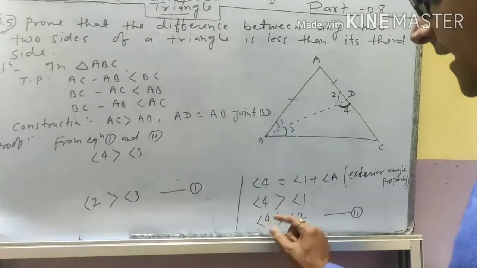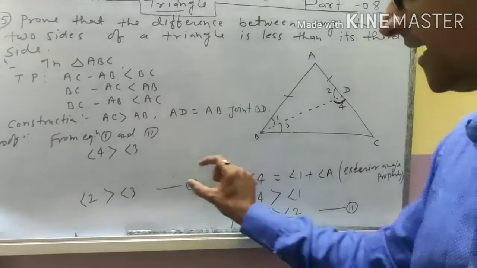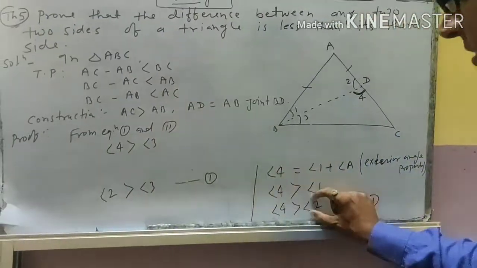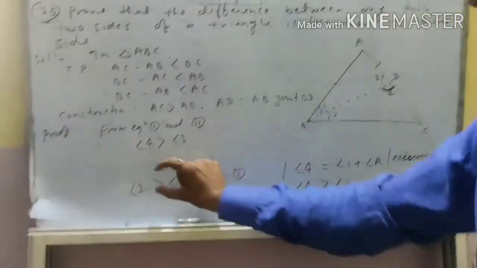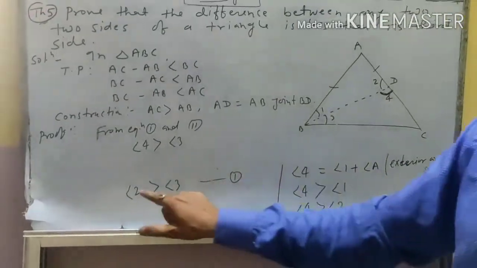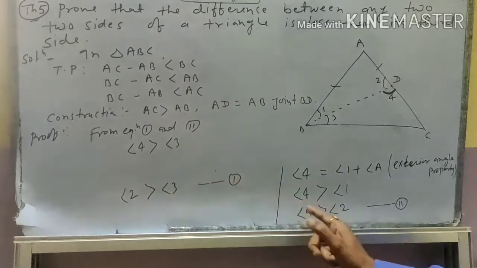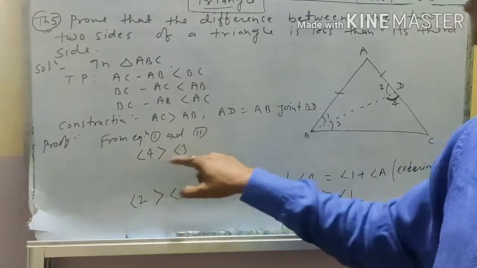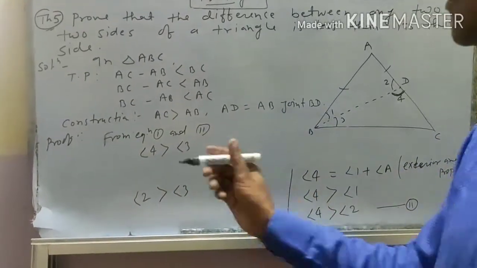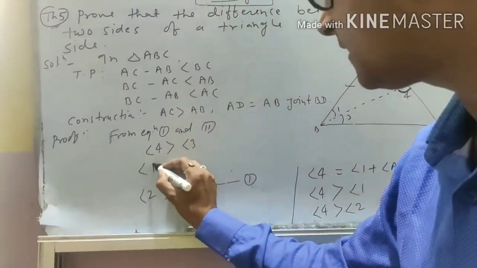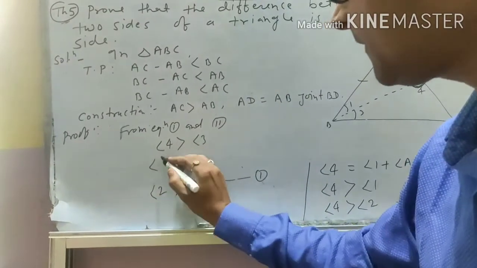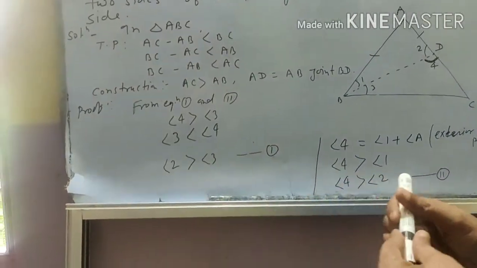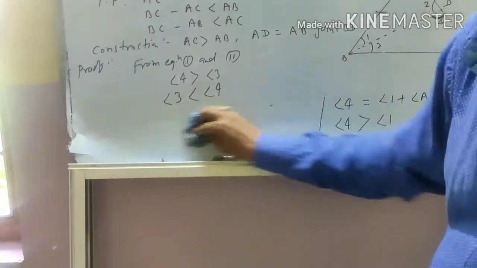So here we can say angle 4 is greater than angle 3, because in this situation angle 2 is the common one: 4 is greater than 2 and 2 is greater than 3. So from equation 1 and 2, angle 4 is greater than angle 3. So we can reverse the order. Angle 3 is less than angle 4. If angle 4 is greater than 3, that means angle 3 is less than angle 4.